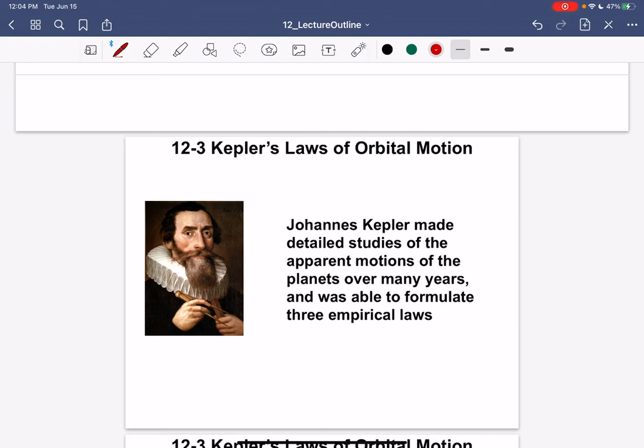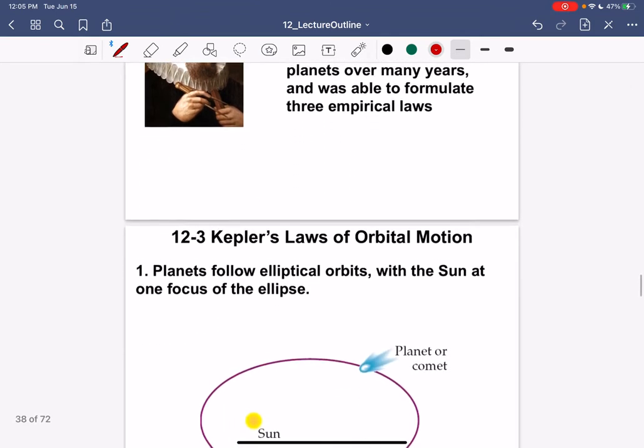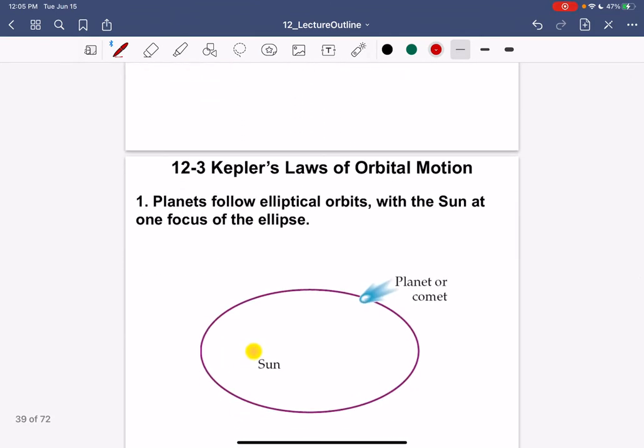Galileo, of course, talked about gravity first, but there is also a mathematician, Johannes Kepler, who made detailed studies of the apparent motions of the planets over many years, I believe 30 or 40 years. He was able to formulate three empirical laws. Empirical means he did not provide any proof for these, and Newton after that was able to verify them.